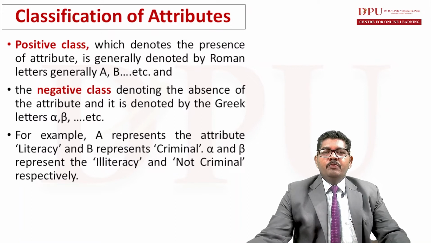The positive class denotes the presence of an attribute and is generally denoted by the Roman capital letters A, B, C, etc. The negative class denotes the absence of the attribute, and it is denoted by the Greek letters alpha, beta, gamma, etc. For example, if capital A represents the attribute literacy, then alpha will represent illiteracy, and if the Roman capital letter B represents criminal, then beta will represent not criminal.